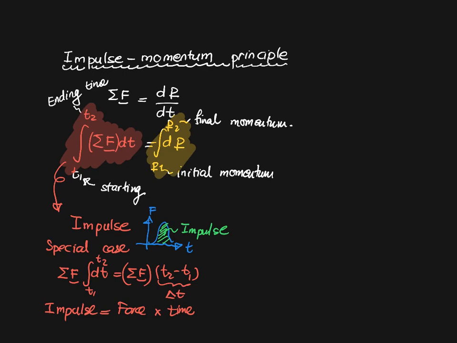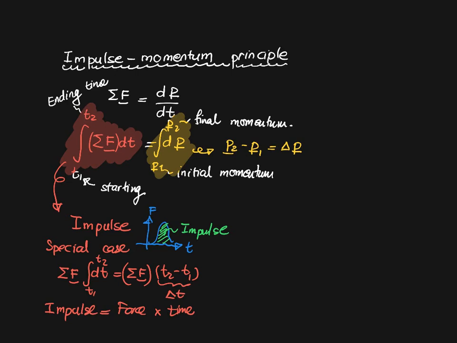However, if we look at the right hand side, the integration of dp, we can integrate this even though we don't know what force it is. So we are going to get p2 minus p1. So this is equal to the change in momentum.